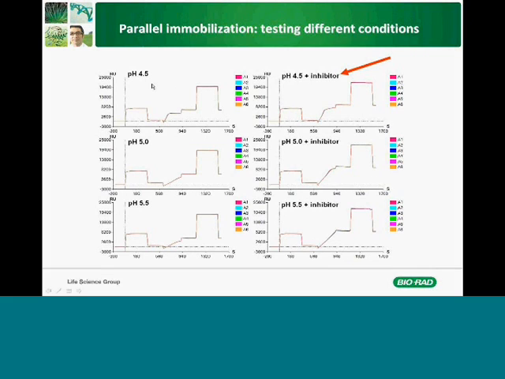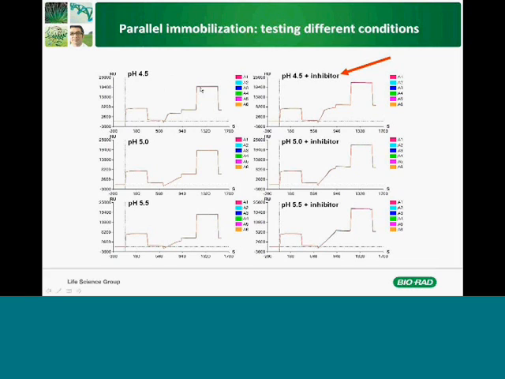So here we tested 3 different pHs, and for each pH, we pre-incubated the protein with an inhibitor, a high concentration of the inhibitor. High concentration, I mean much above the affinity constant, so that all the proteins will be saturated with the inhibitor, and no protein is left unprotected.